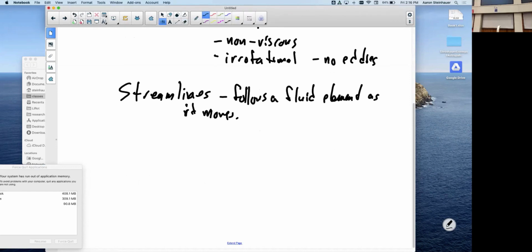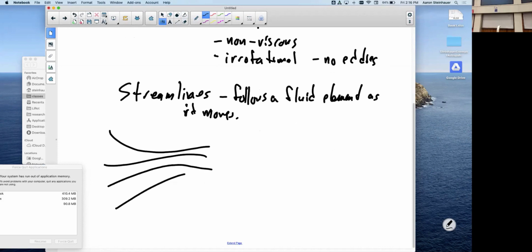So let's think about how this might look. We've got a bunch of, let's say, streamlines that look like this. These kind of look a lot like electric field lines, and they behave a lot like electric field lines.